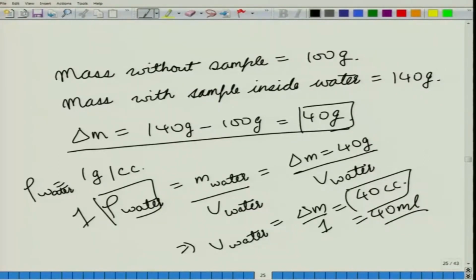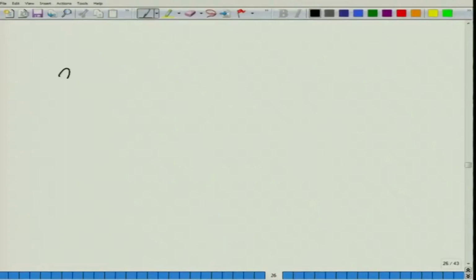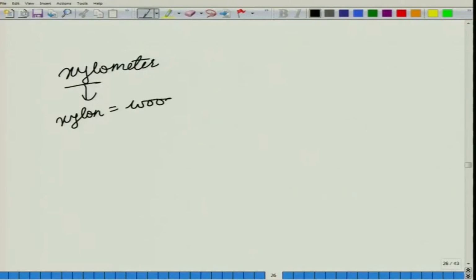We can also calculate the volume by an instrument known as a xylometer. If you look at the word roots, xylon means wood and metron means to measure.